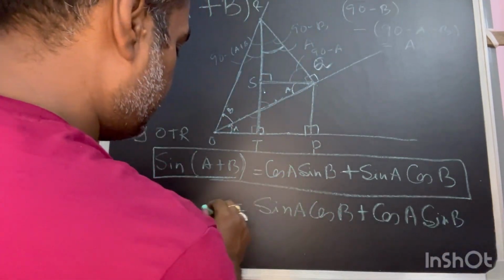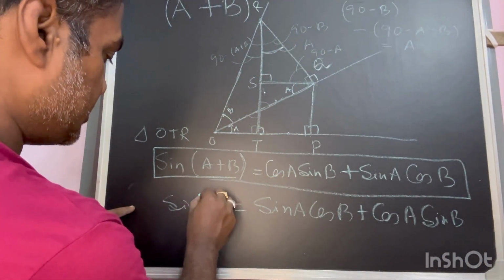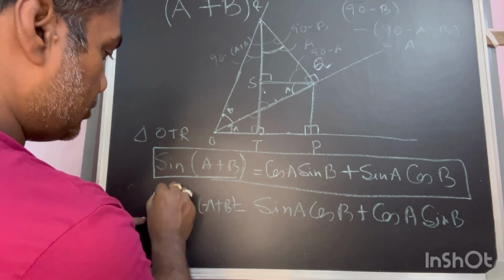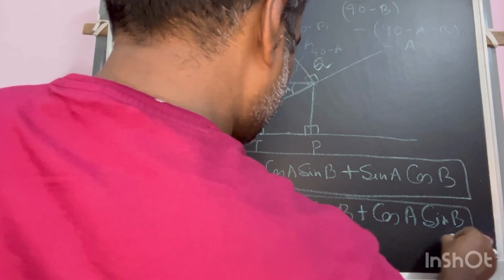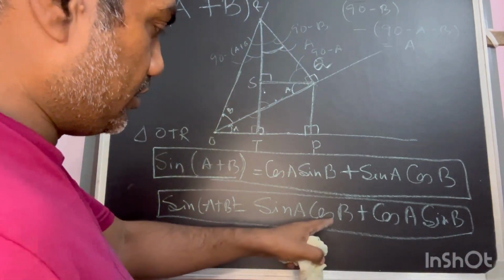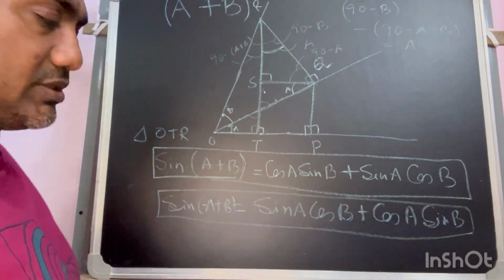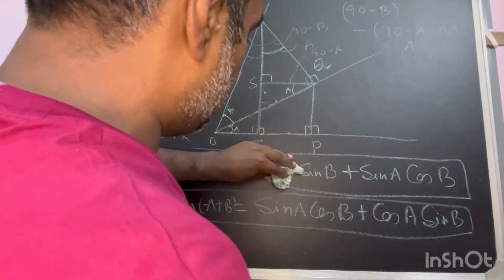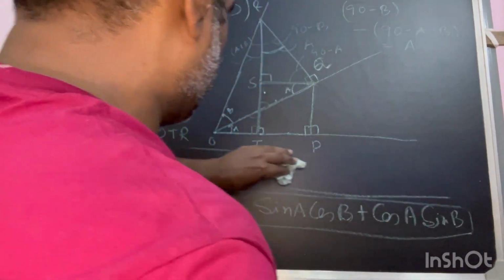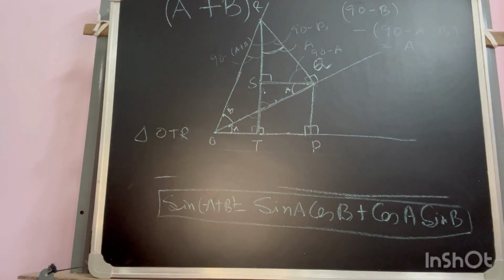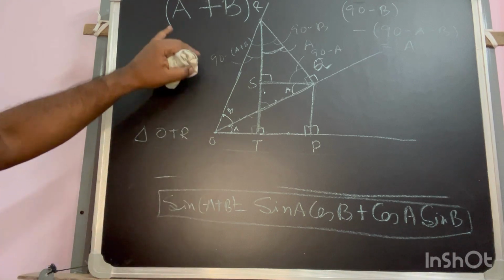So I want to arrange it to memorize easily. When it starts with sine, the sine of the first angle will come first along with the cos B for the first part. In the second part, both will be reversed. So sine A plus B, we can remember it as sine A cos B plus cos A sin B. Okay, so this is the derivation for sine A plus B.